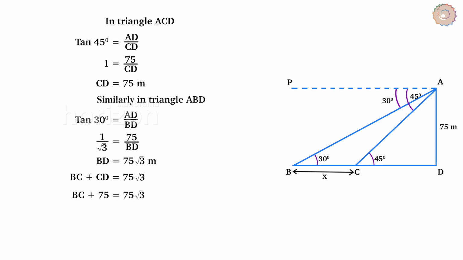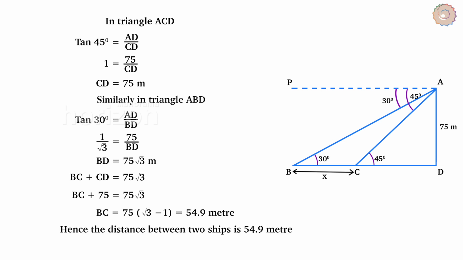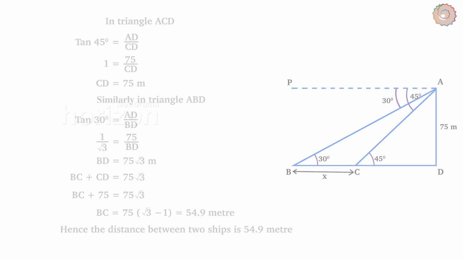Substituting CD, that is BC plus 75 is equal to 75 root 3. Solving for BC, we get it as 75 in brackets root 3 minus 1. Solving it, we get it as 54.9 meter. Hence, the distance between the two ships is 54.9 meters.